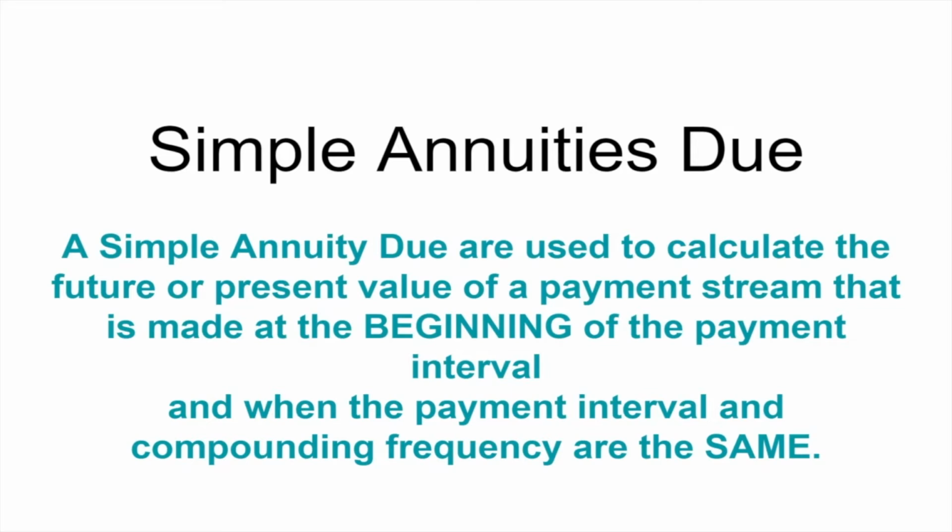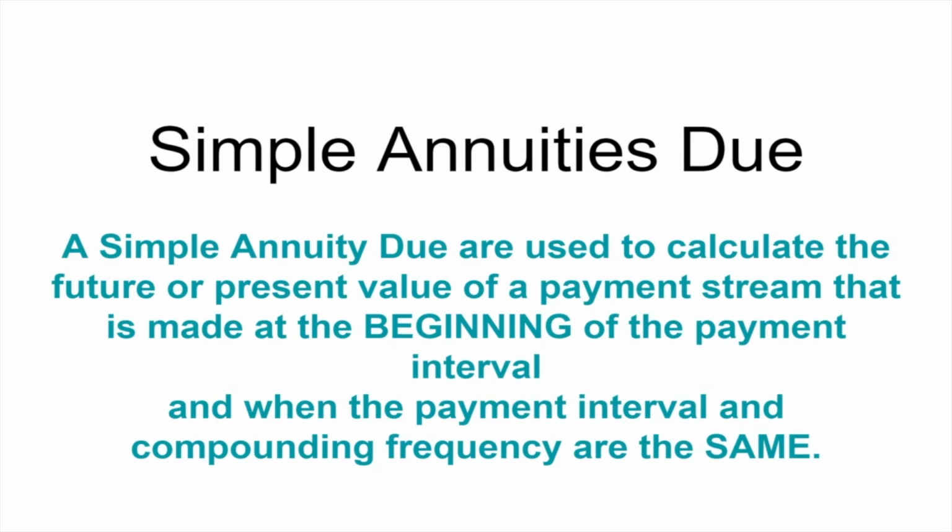The trick is that the stream of payments is made at the beginning of the payment interval, and the payment interval and the compound frequency are the same, which is what we said for a regular simple annuity. For example, the payment is monthly and the compounding is monthly, okay?